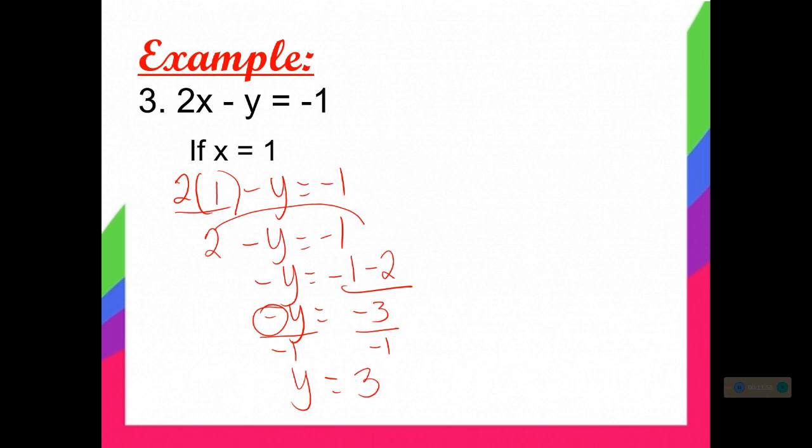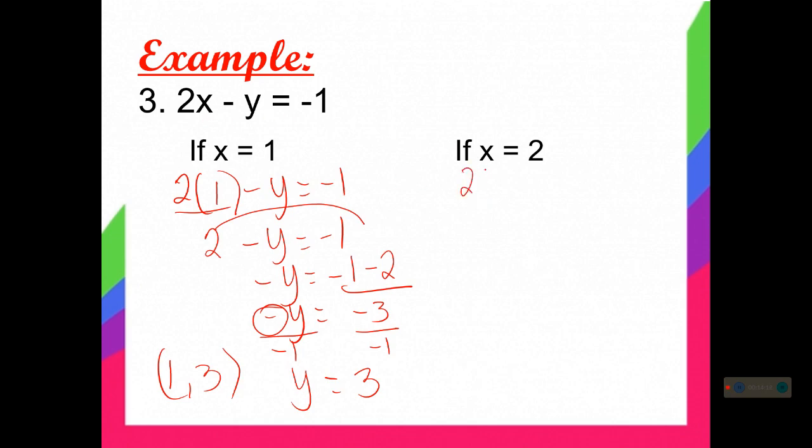So therefore, our ordered pair here will be (1, 3). Okay. So let's have here the ordered pair (1, 3). How about if x is equal to 2? We have to substitute 2 in place of x.